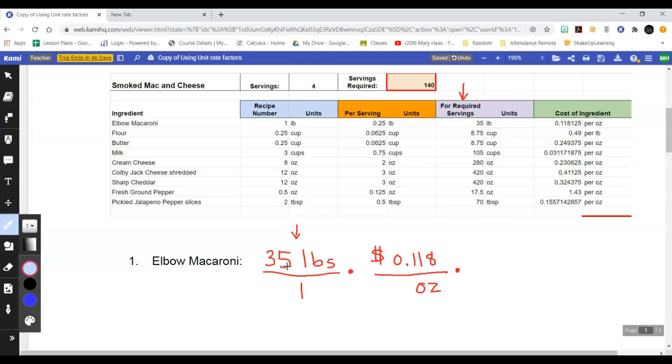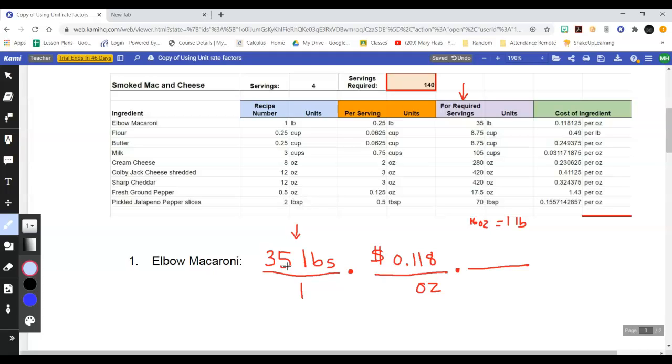So what I need to do is figure out what unit rate factor do I know that I could make a comparison or an equation of ounces and pounds. Well, we know that 16 ounces is equal to 1 pound. Okay, and that was something that we had talked about and looked at a couple weeks ago.